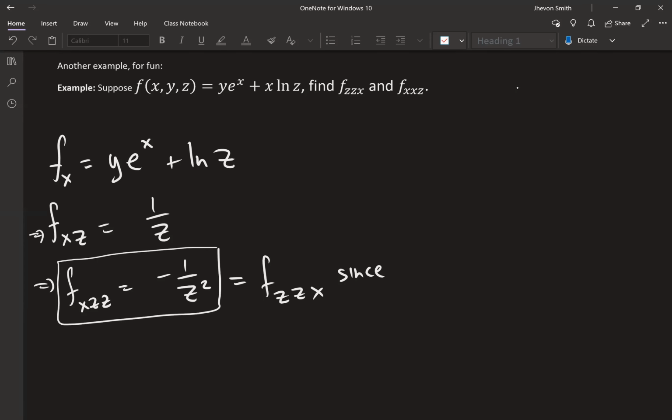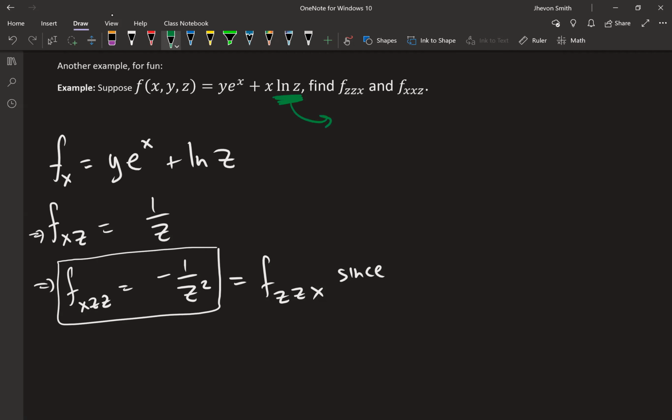Because look, if you were to plug in 0 for z, it would just be undefined. Right, the original function doesn't work. So you had to make a note of that. Notice the fact that this is already there, which means automatically you know your z is greater than 0. So you're allowed to divide by it, right?